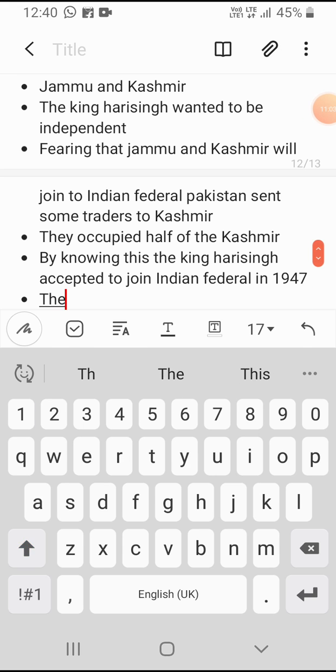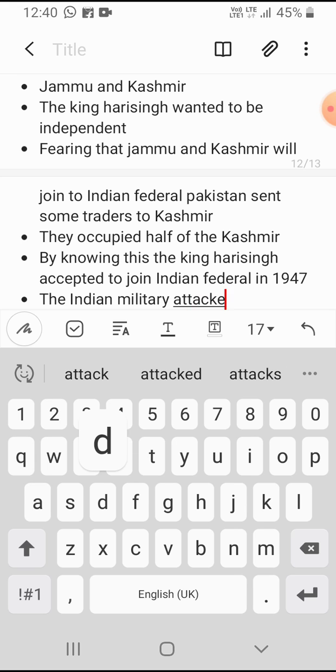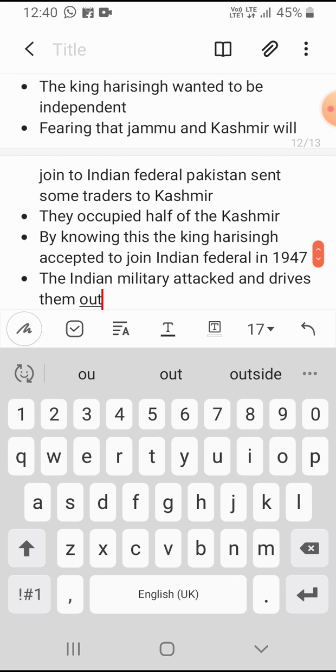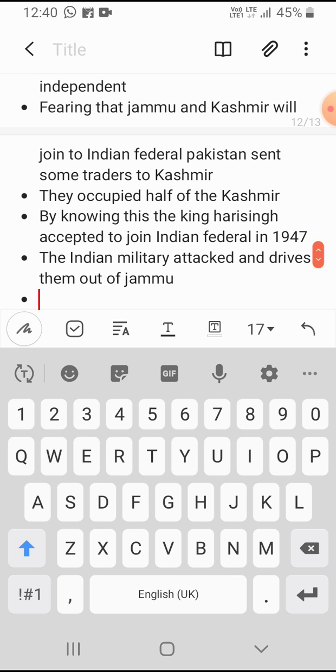Then the Indian military attacked and drove them out of Jammu. They were coming to Jammu also. So when the king Hari Singh made the agreement and joined the Indian Federal, the Indian army attacked and sent them out of Jammu.